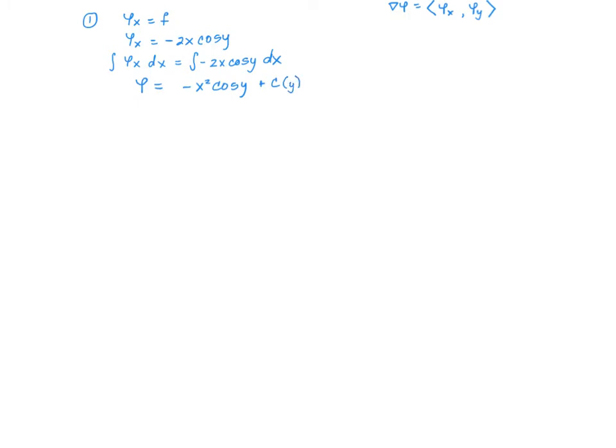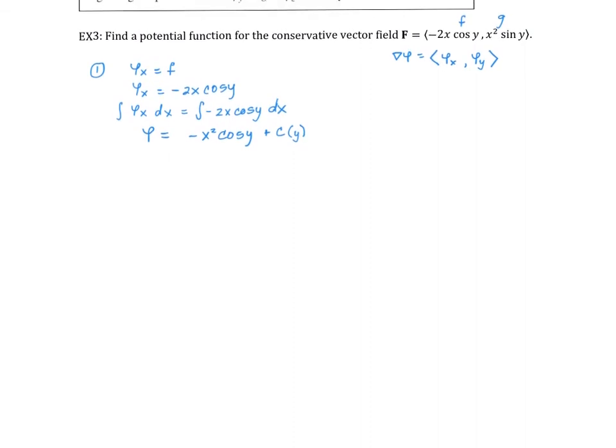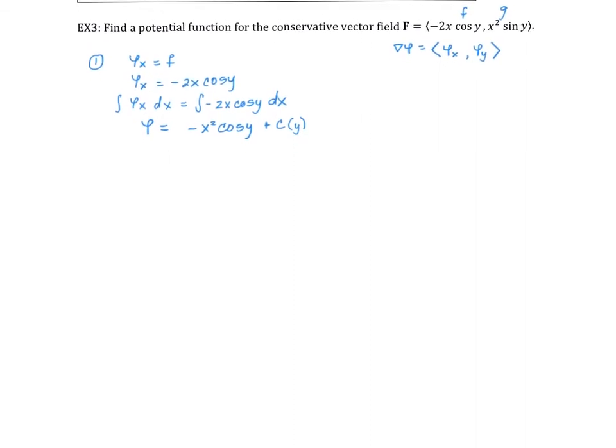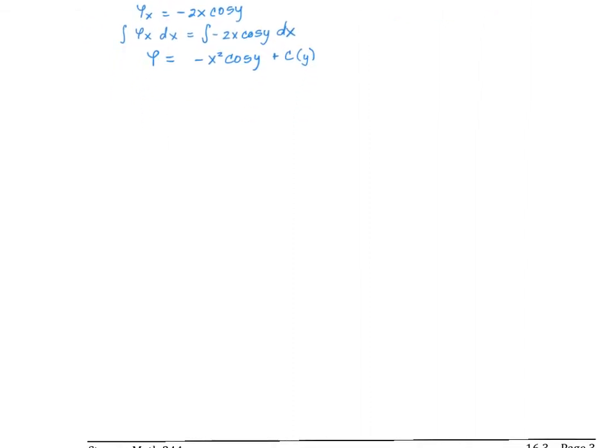It cannot have an x, and x I've already integrated with respect to. Now this is just two-dimensional space. At this point, what we want to do is find this constant. Now you could probably guess what the constant is, but if you don't, then you would go into the next step.